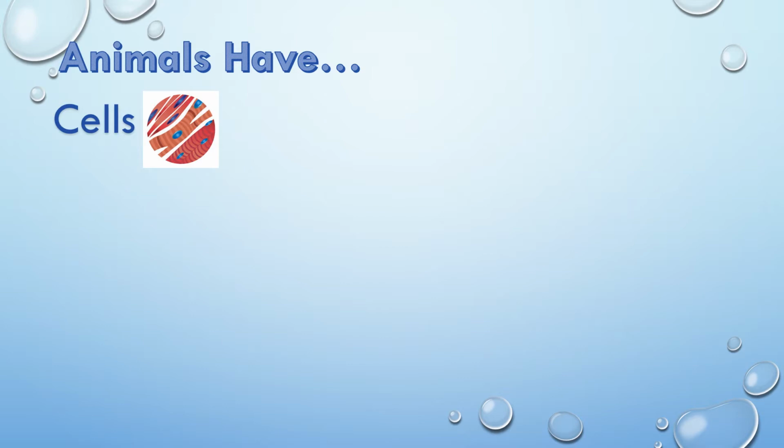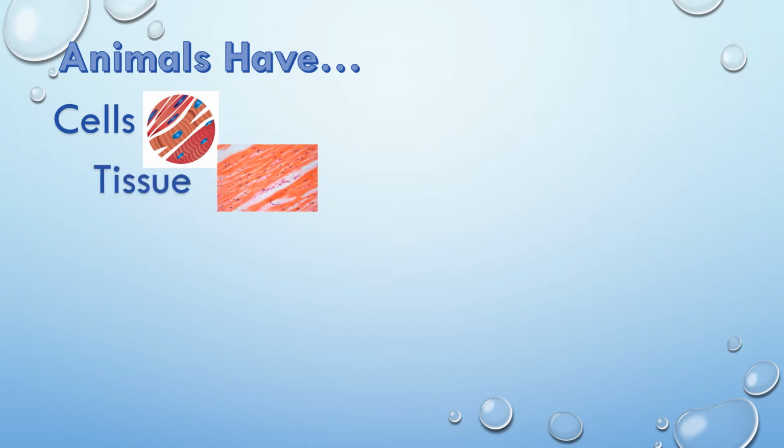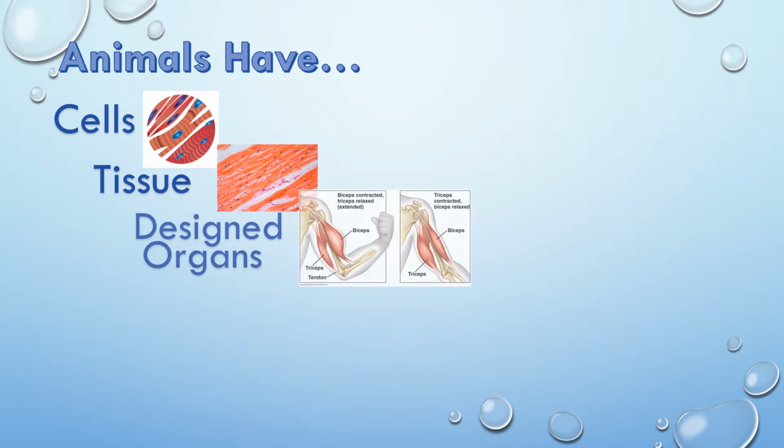That's where we begin to confirm that it is an animal, and then we start looking at other things that it has. Just in the same way that plants are designed, when cells doing the same job come together, they make tissue. Here I have an image of muscle cells, and when several muscle cells come together, they make muscle tissue. When muscle tissue comes together, it makes up an organ.